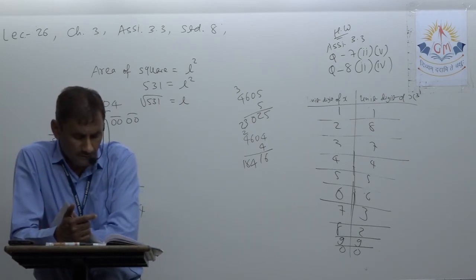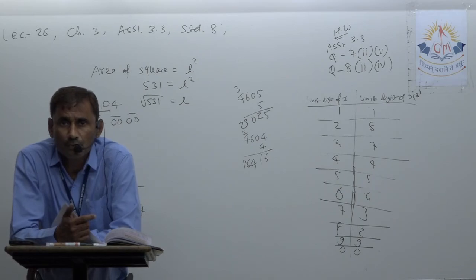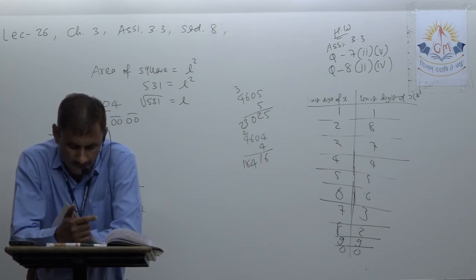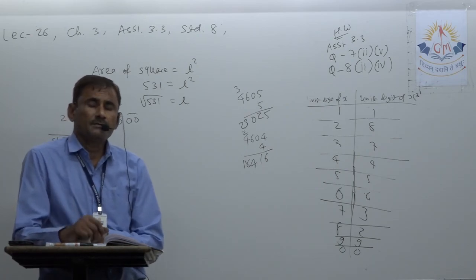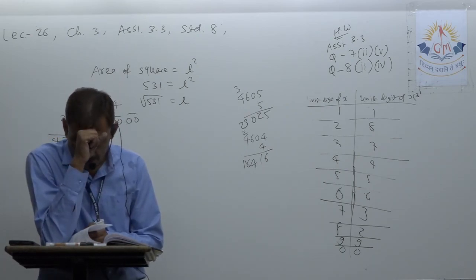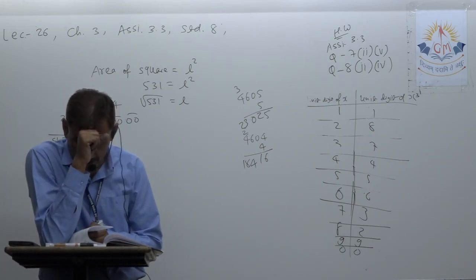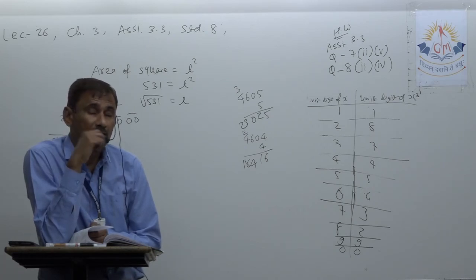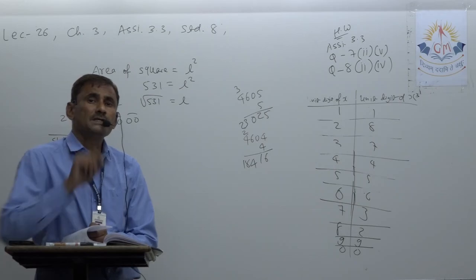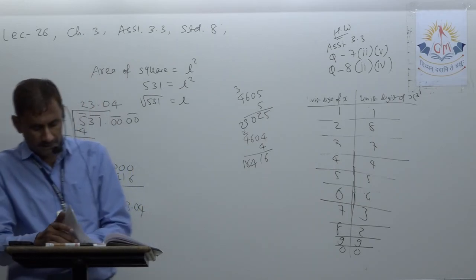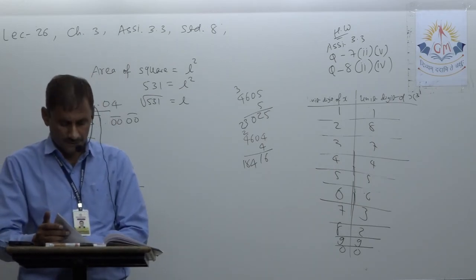At page number 48, you should remember that one. Then the factorization method is there. Prime factorization method is useful for finding square root as well as verifying whether a number is a perfect square or not. For both of these purposes, the prime factorization method can be used.